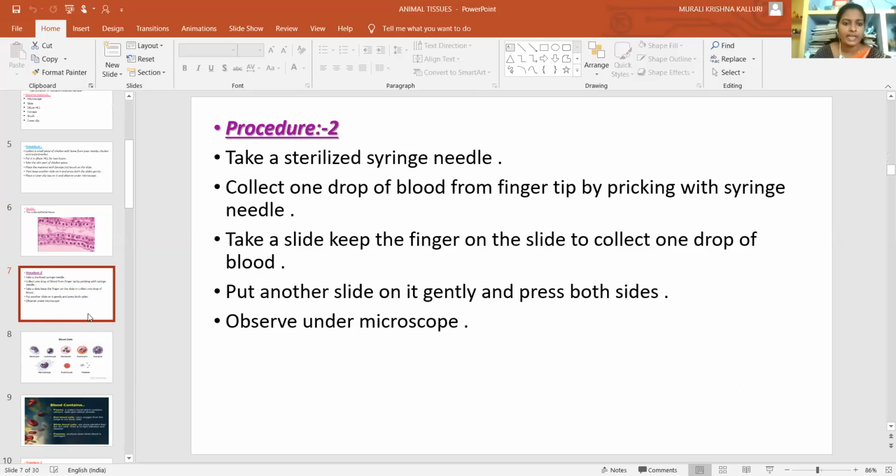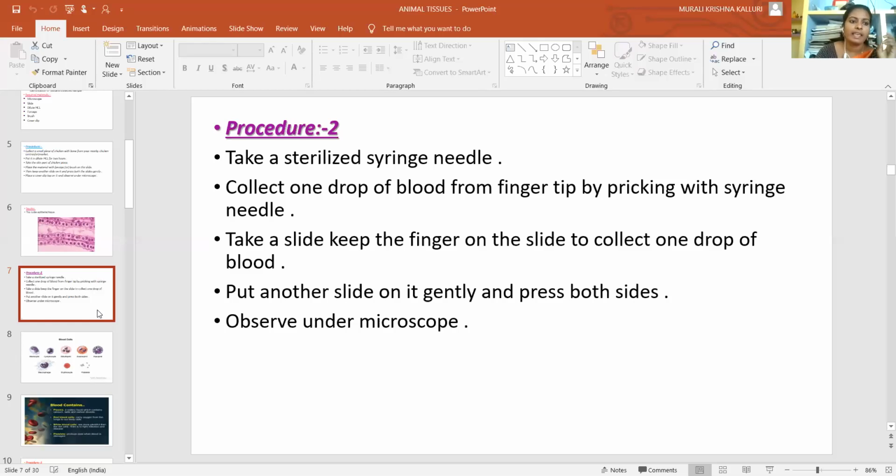First of all, we take a sterilized syringe needle and collect the blood sample from the fingertip by pricking the needle.